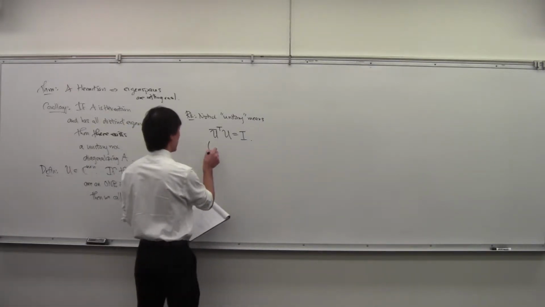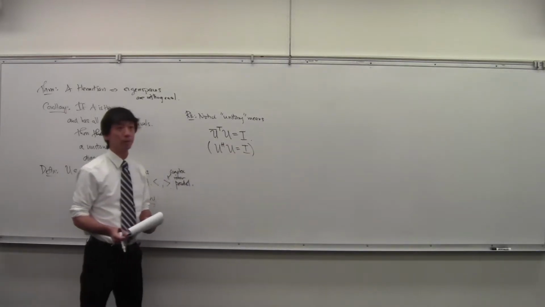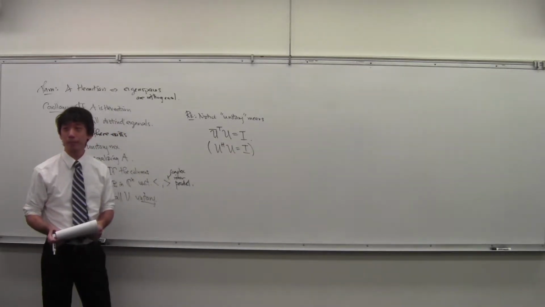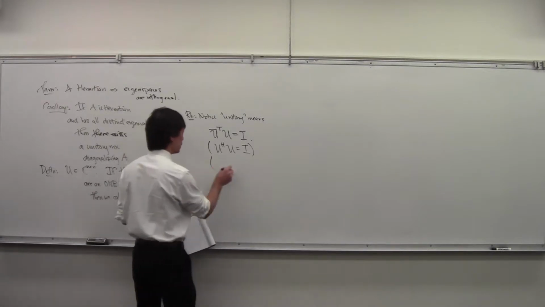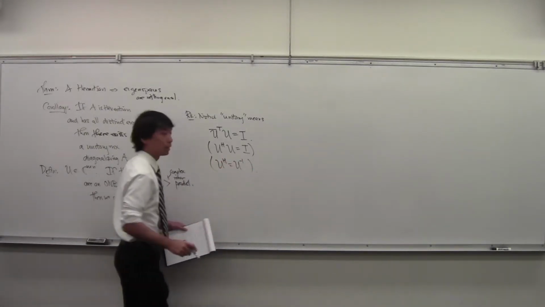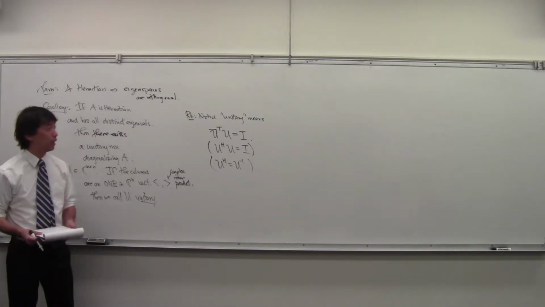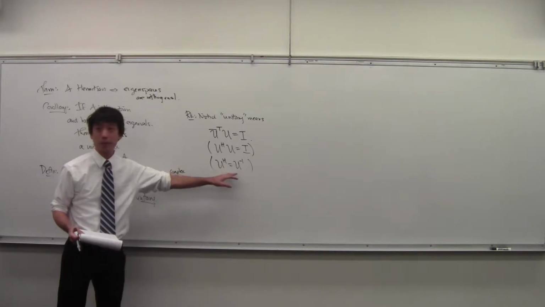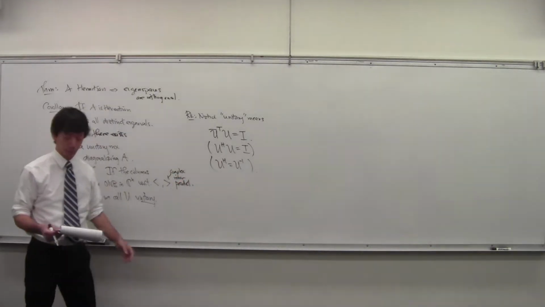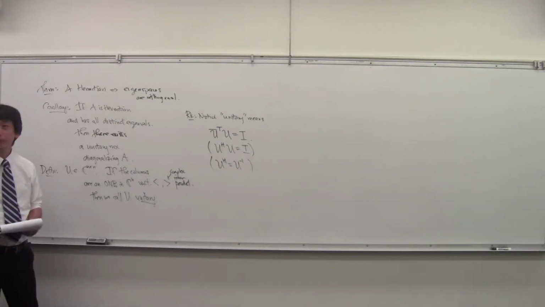In other words, that U^H U is the identity. In other words, that U^H is U inverse. The conjugate transpose: if your conjugate transpose is your inverse, then you call it unitary.